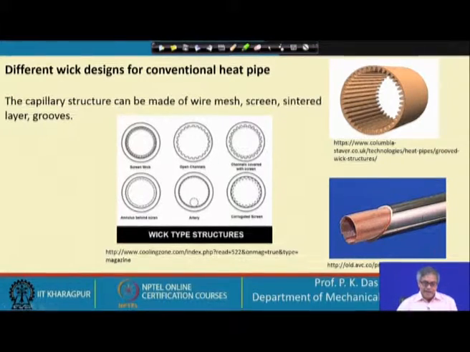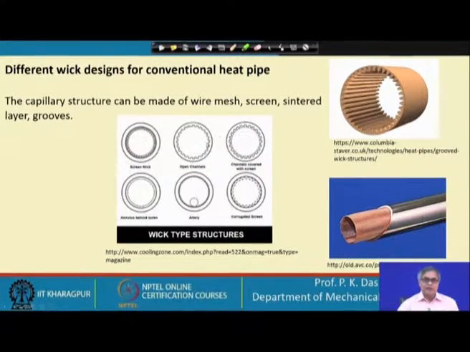Another option is to have small channels or grooves on the tube, shown here in an exaggerated manner. This groove structure provides capillarity and also provides the return path of the condensate.